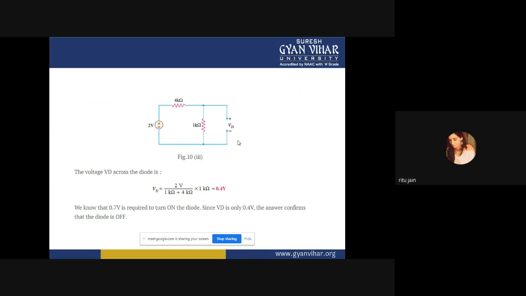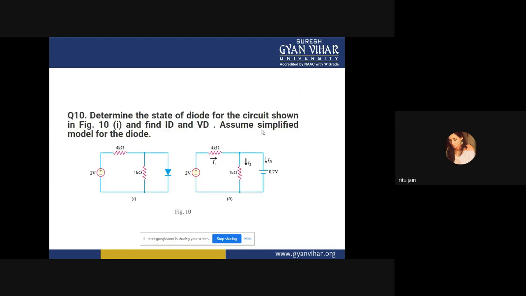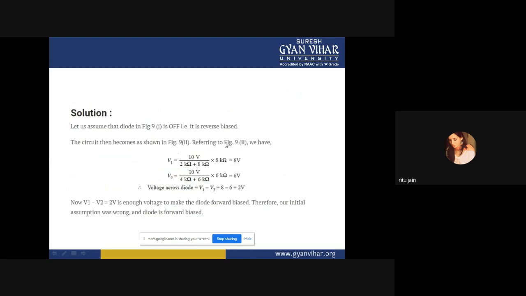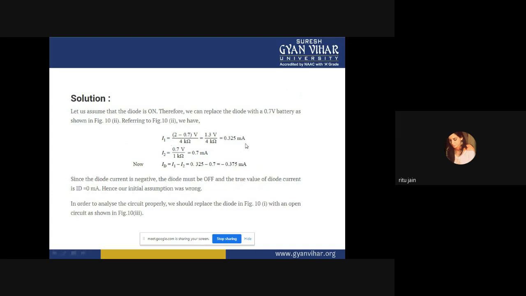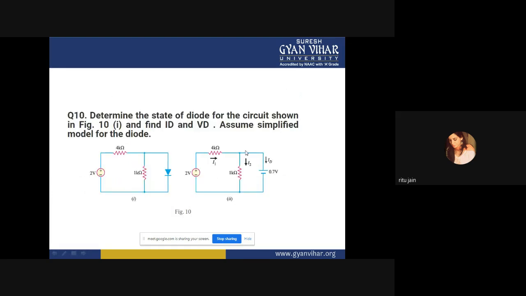Now you can easily calculate the value of I2 by applying KVL in this loop. So 2 minus 4 times 0.325, and in the other loop you can easily calculate I2.